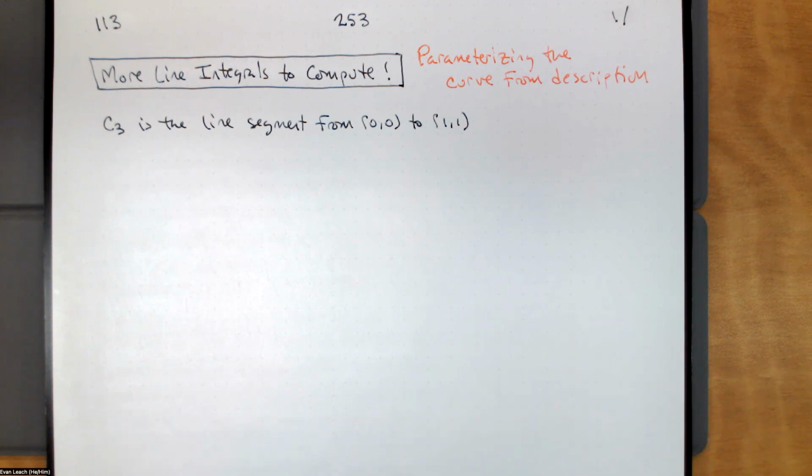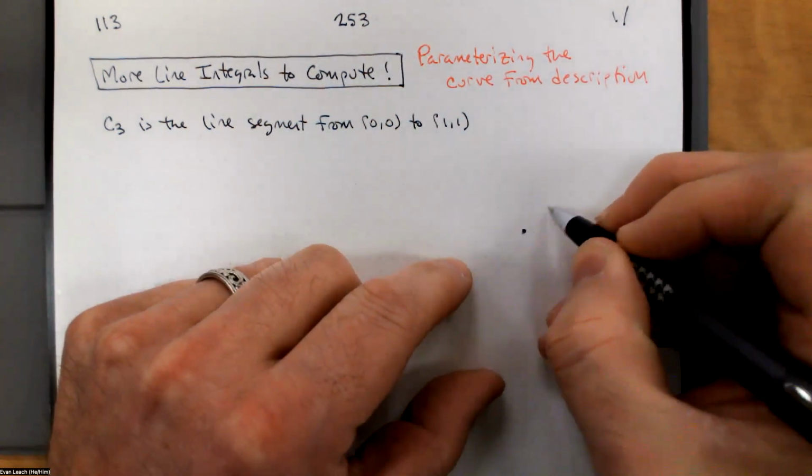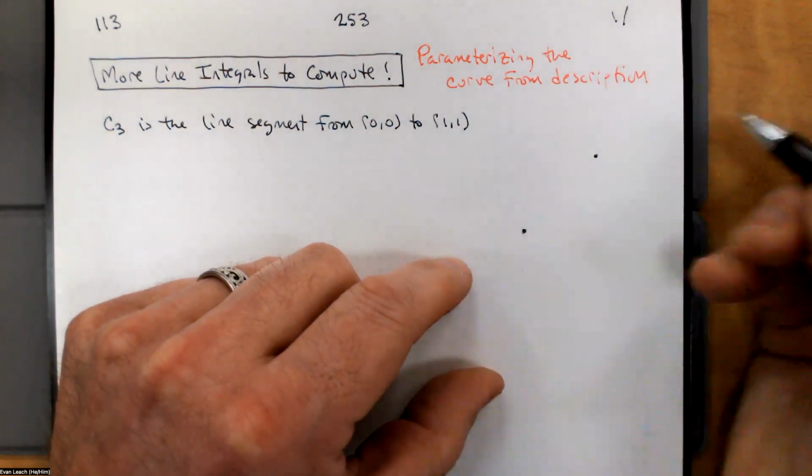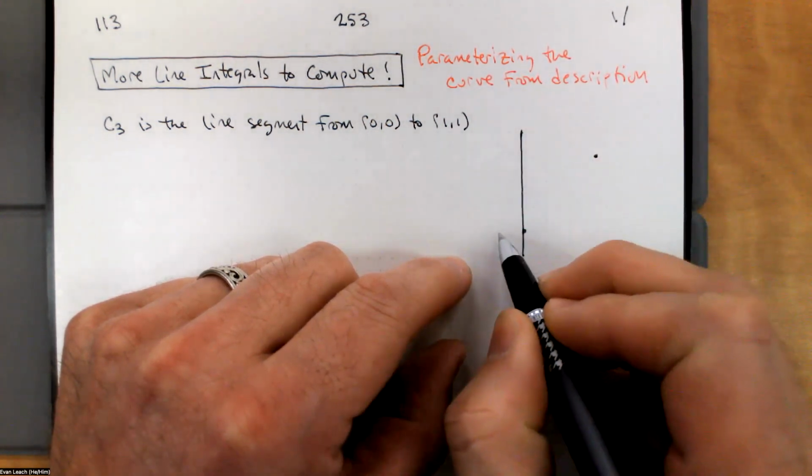Let's first parameterize the curve C3. It's the line segment from 0, 0 to 1, 1. So we're going from the origin to the point 1, 1. And we're just going to follow a line segment.